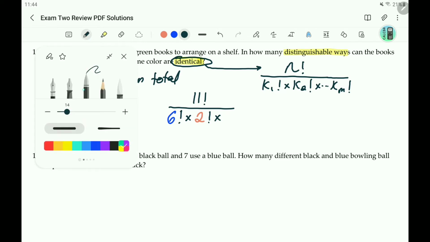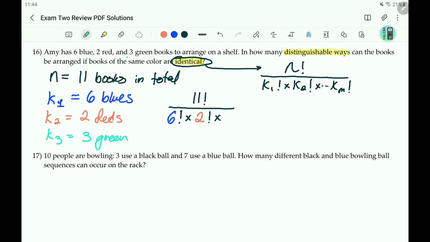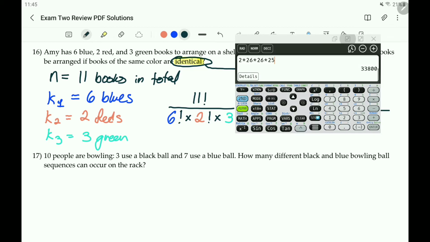And then K3 is going to be 3 factorial. Now I'm going to do this in 2 ways. Factorial means to multiply from that number down to 1. I'm going to do it the longer way first, then the shorter way second. And then moving forward, I'm going to do it the shorter way every time.